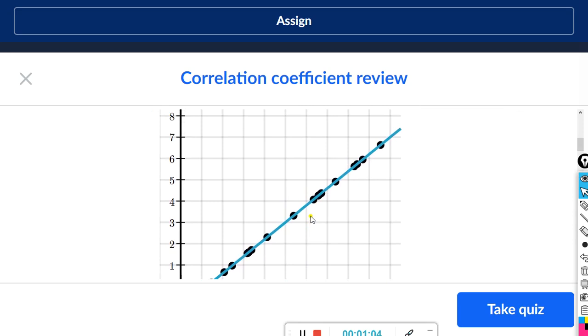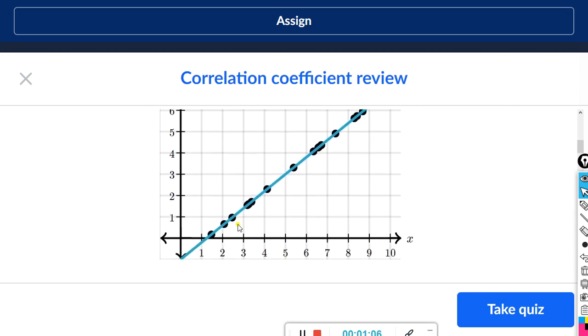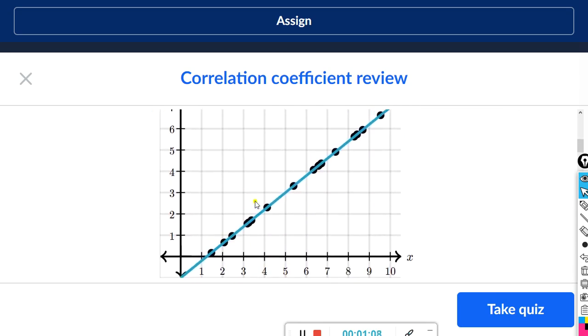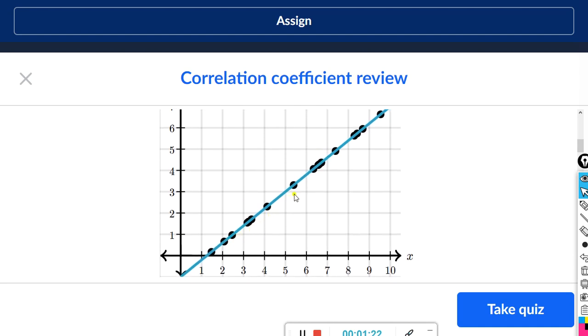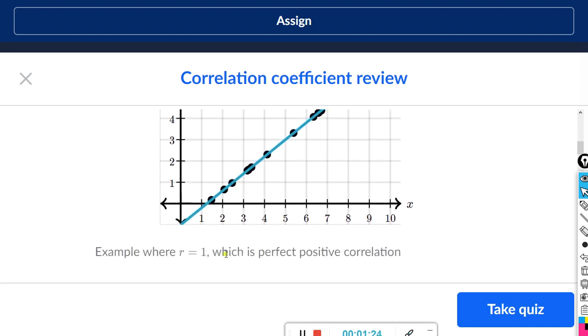So here, the dots line up on a perfect line. You can see it's a positive slope. As one variable increases, the other variable increases. It goes up and to the right. So since it's perfectly correlated right on the line, that means R equals 1.